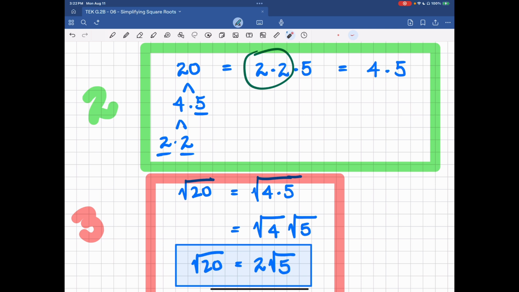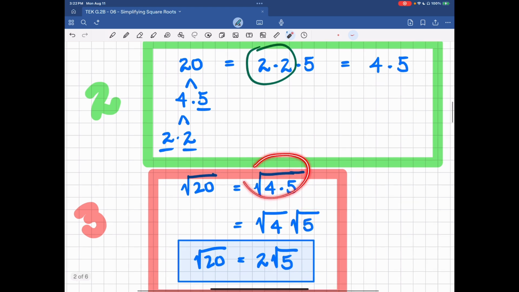When you're taking the square root of things that are being multiplied, you can break them up and put them under their own square root symbols. So I can take this 4 and make it the square root of 4, and then I can take this 5 and make it the square root of 5. So now this has turned into the square root of 4 times the square root of 5.